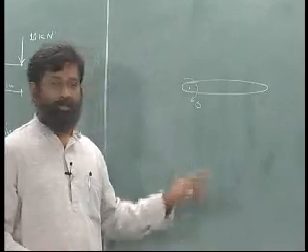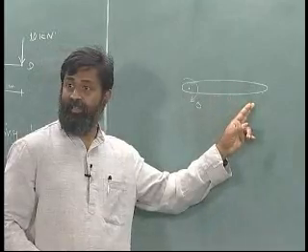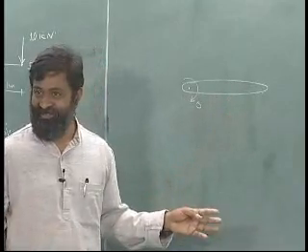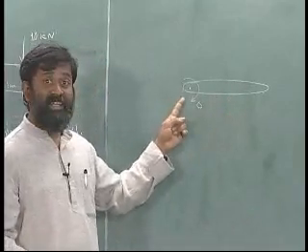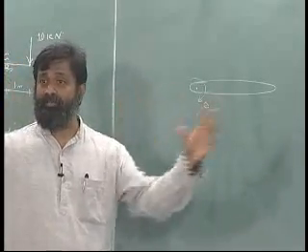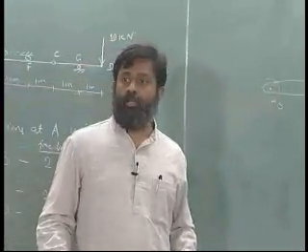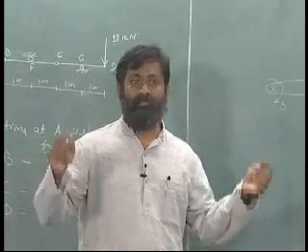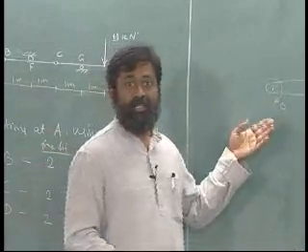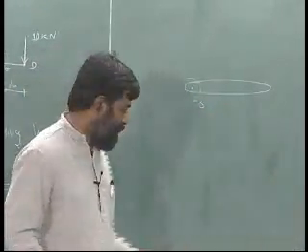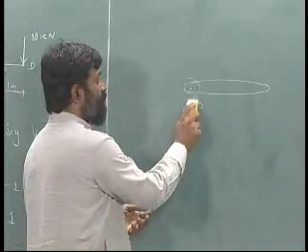Please remember, rotation of any other point is 0, which means if I constrain rotation of a single point of a rigid body, every point of the rigid body will be constrained from rotation. Okay, and that is a fact that we used in the previous section of the problem.